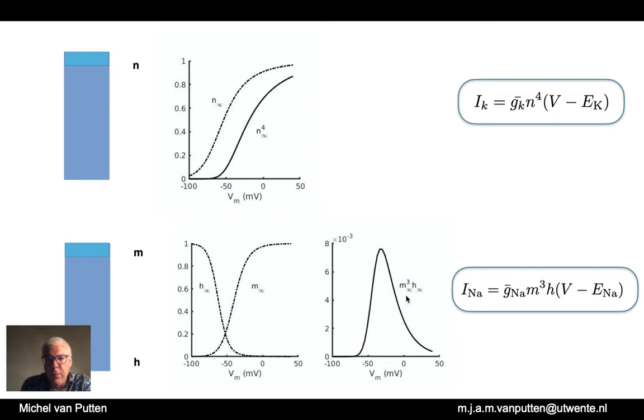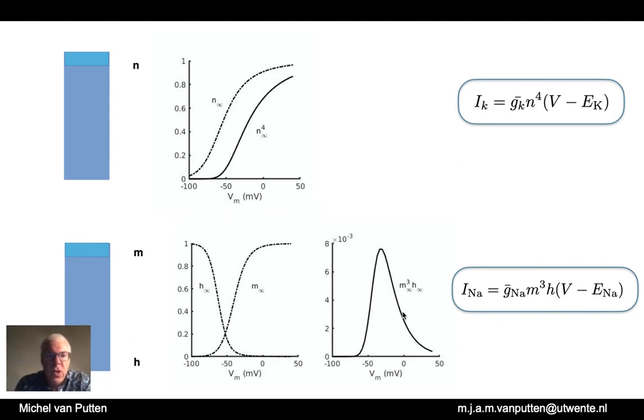And if you take the product of M to the power of 3 times H, then you can describe the sodium current as a function of the membrane voltage. And please note that this is once more the values that are applicable when the membrane voltage has reached its equilibrium voltage.